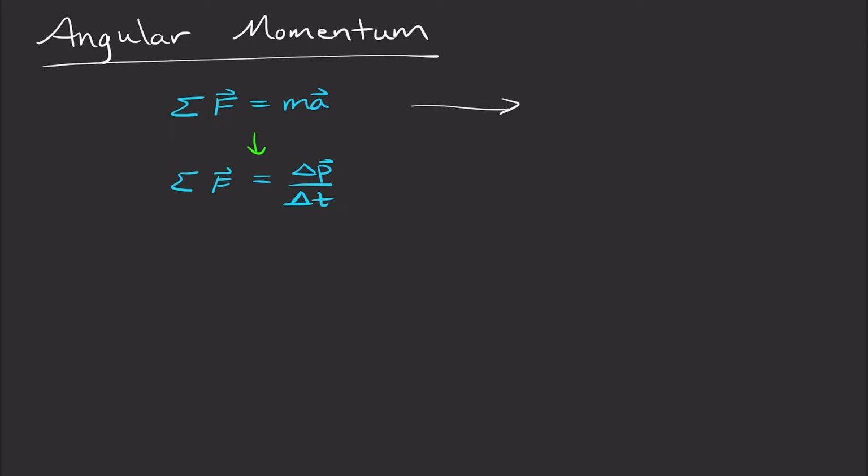Now we have the sum of the torques equal to I alpha, moment of inertia times angular acceleration. And if we take Newton's second law in terms of momentum and multiply by r on both sides, that gives us torque. F times r would give us torque on the left-hand side.